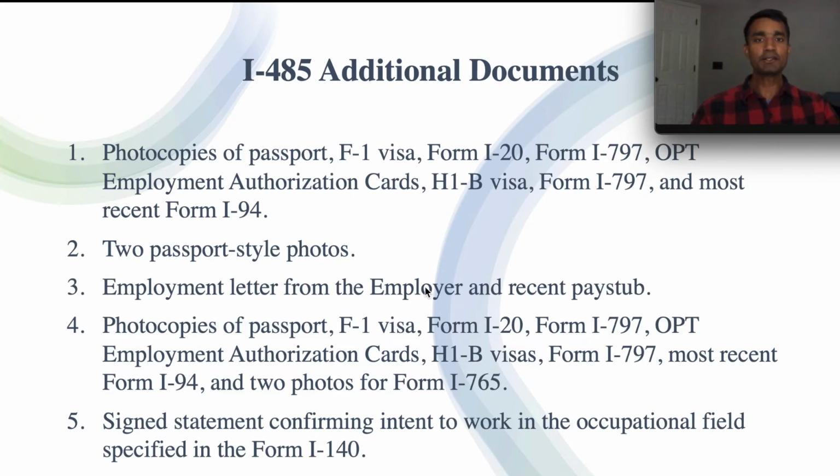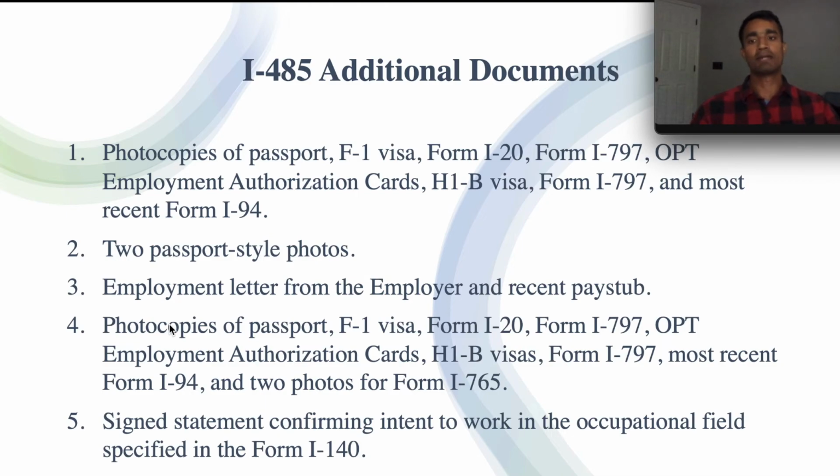So in addition to all these forms, you also need to send another copy of all these documents. You might wonder, why am I sending two copies of these documents? That's because one set of documents is used for your 485 application and the other set is used for your EAD application.